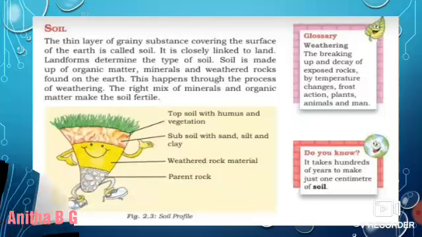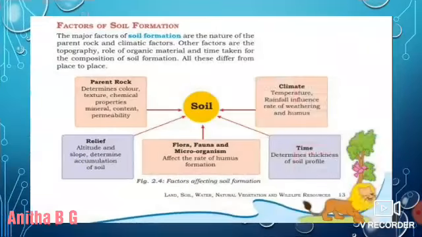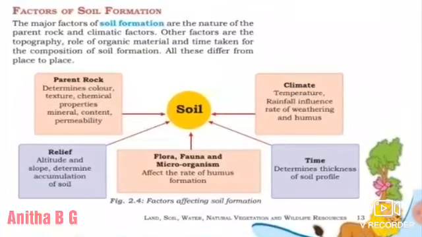The nature of that parent rock and the climatic factors are the major factors of soil formation. Other factors are topography, the role of organic material, and the time taken for soil formation.